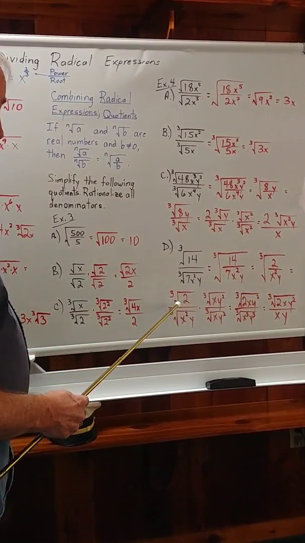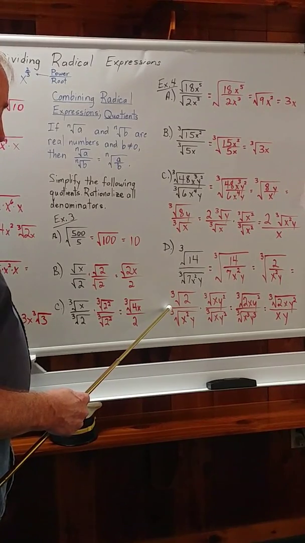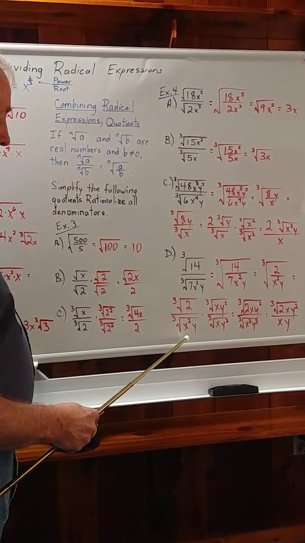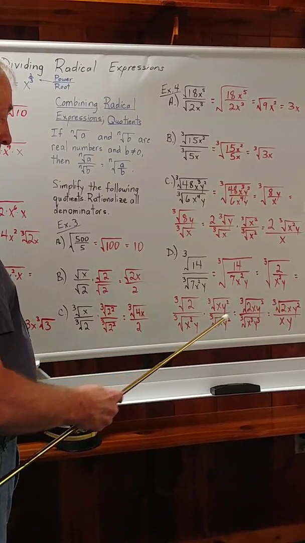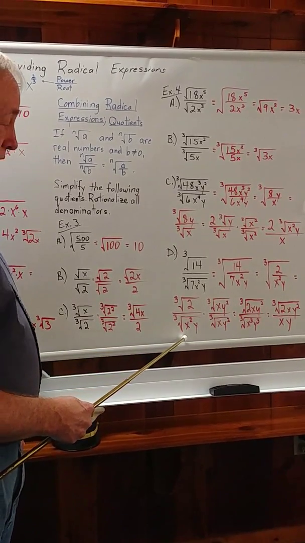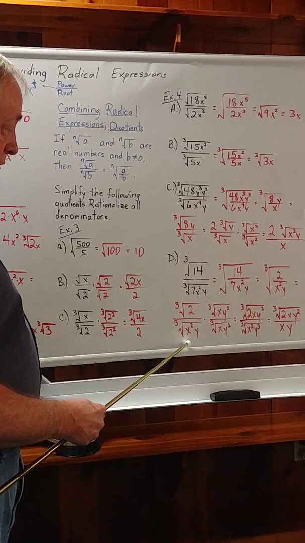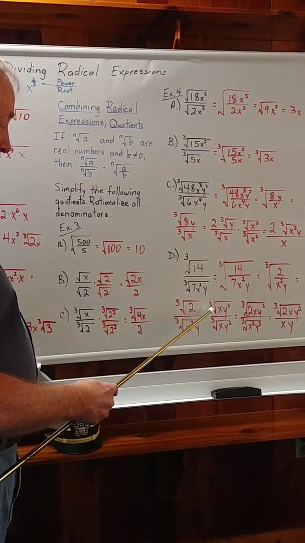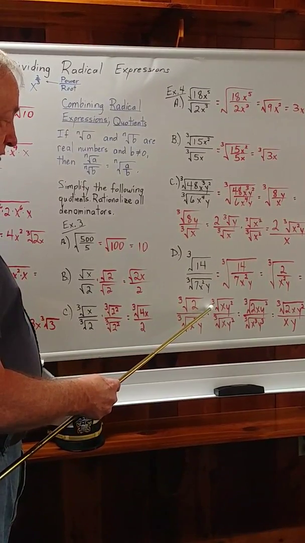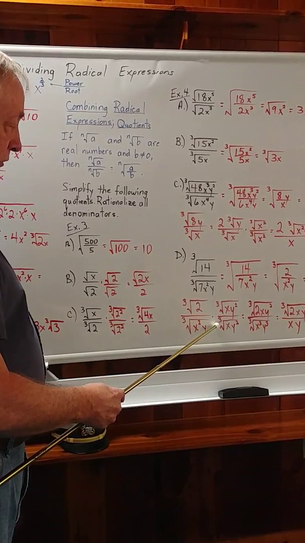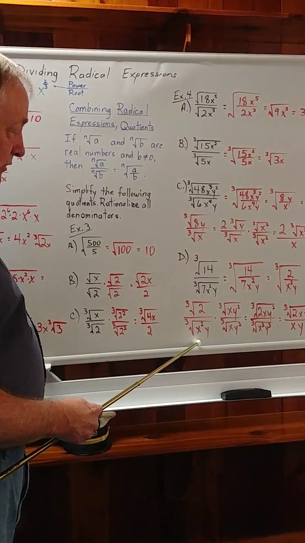So that gives us this expression down here, the third root of 2 over the third root of x squared y. Since I can't simplify it anymore, we now split it into two parts again, a radical over another radical. We need to rationalize this.